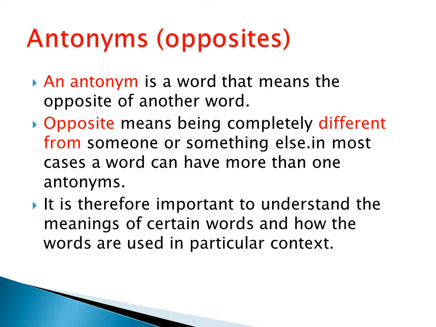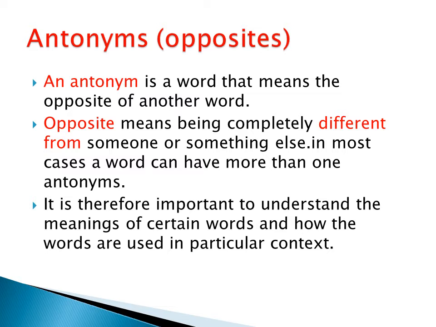Opposite means being completely different from someone or something else. In most cases, a word can have more than one antonym. You'll find one word with two or three antonyms.